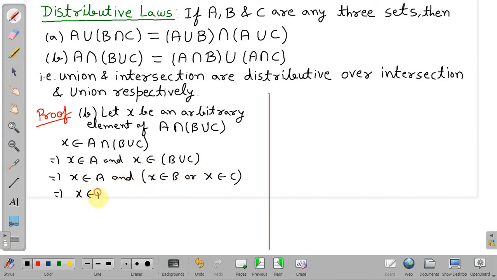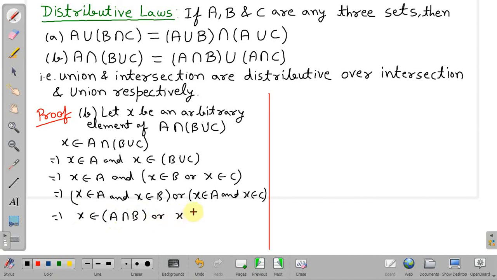So x is an element of set A and x is an element of set B, or x is an element of set A and x is an element of set C. So from this we can write x is an element of set A intersection B, or x is an element of set A intersection C, and this will be x is an element of (A intersection B) union (A intersection C).